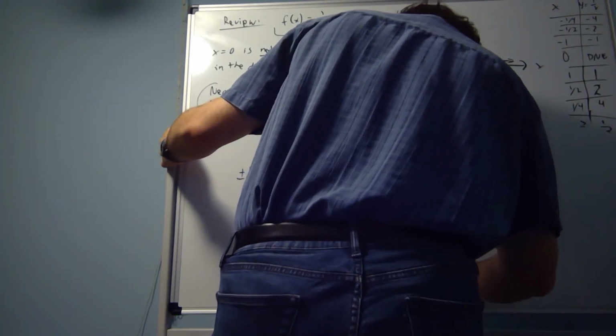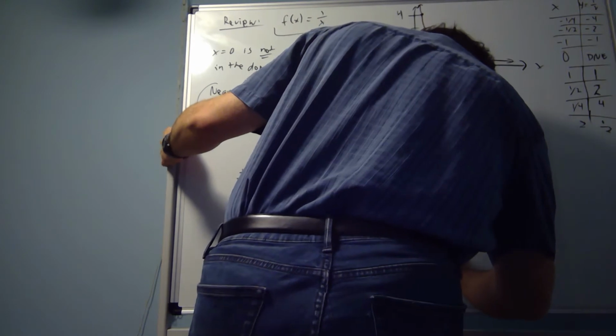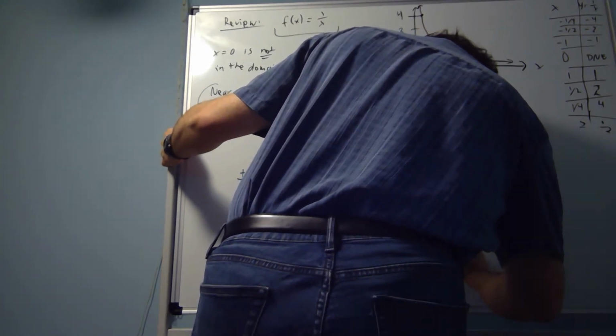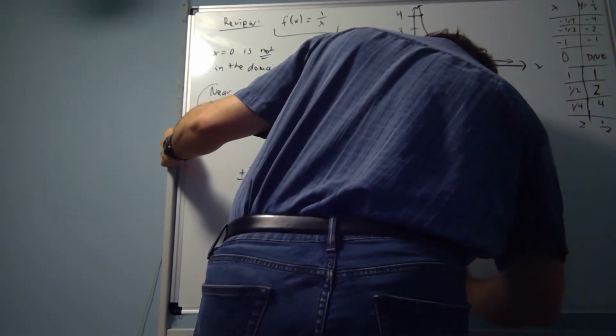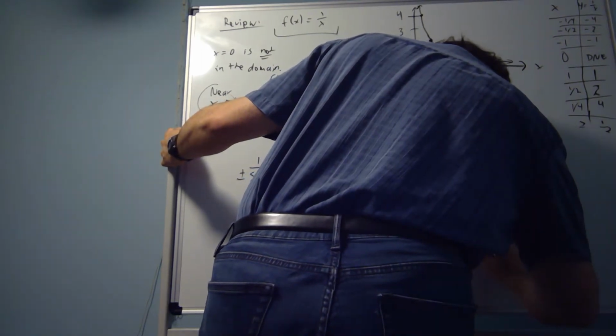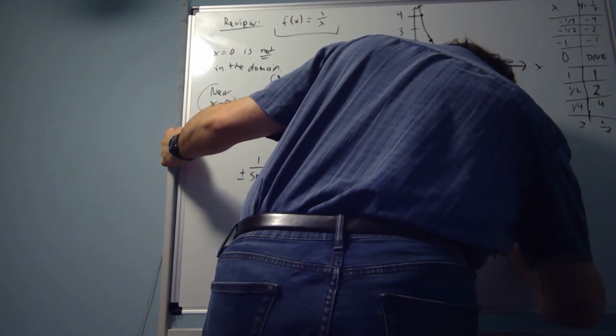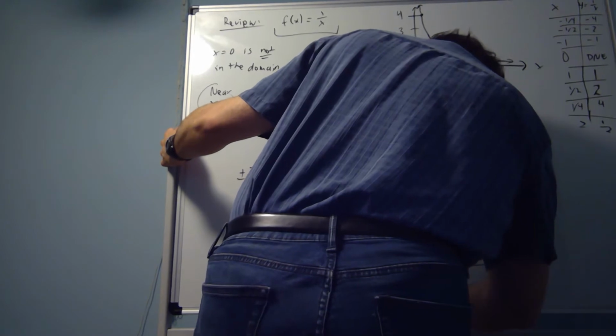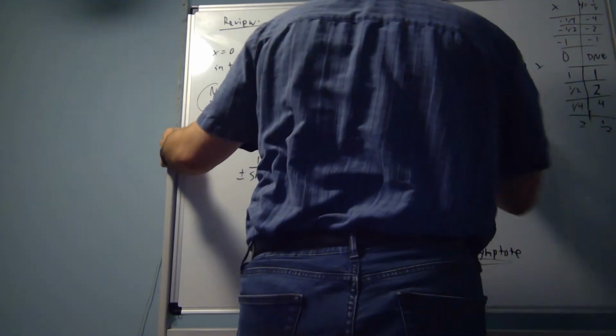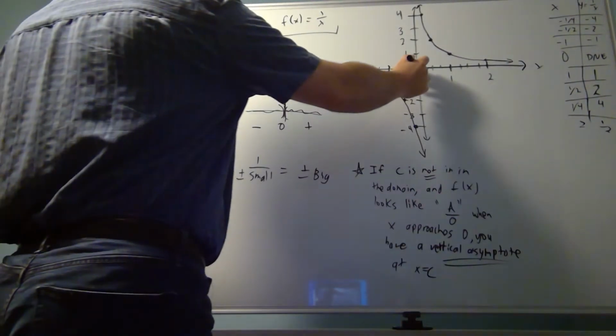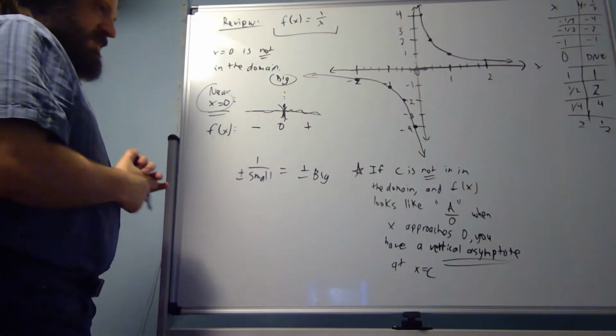Sorry, I meant to move here, but it's hard for me to write without blocking it. Okay, so here c is equal to 0. That's the x value that's not in the domain.